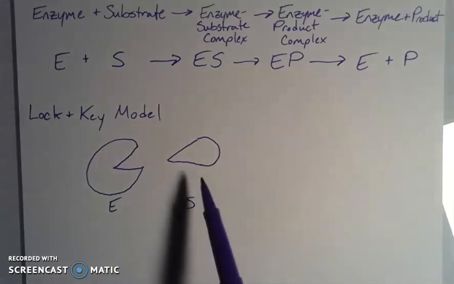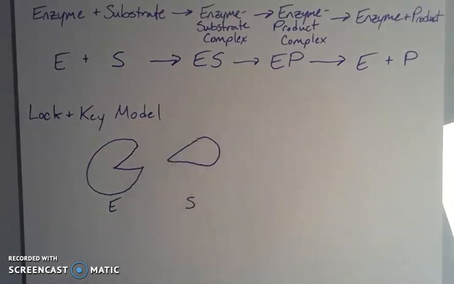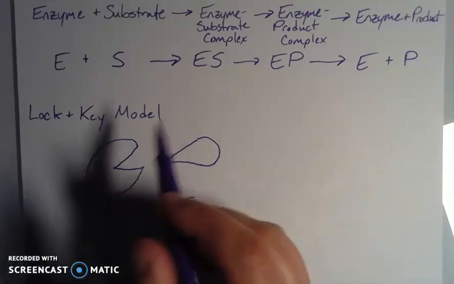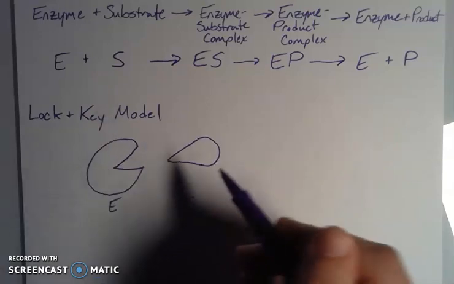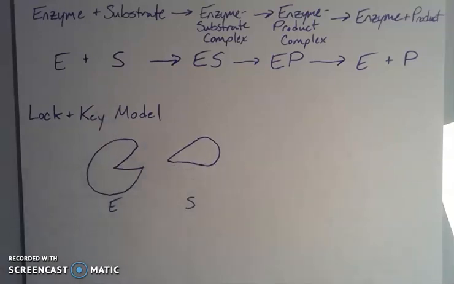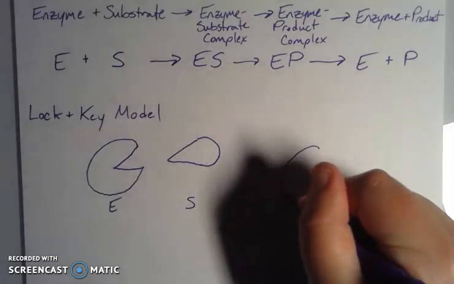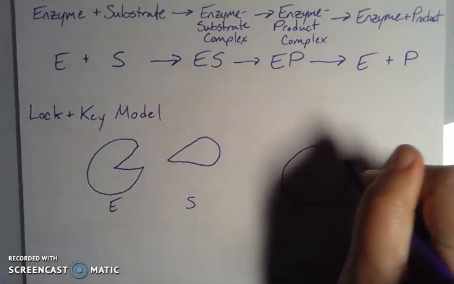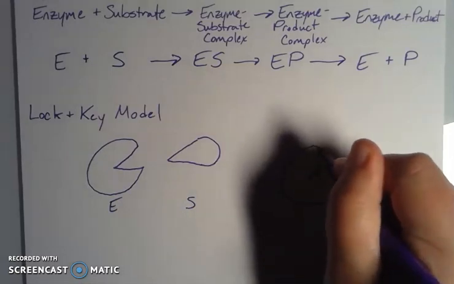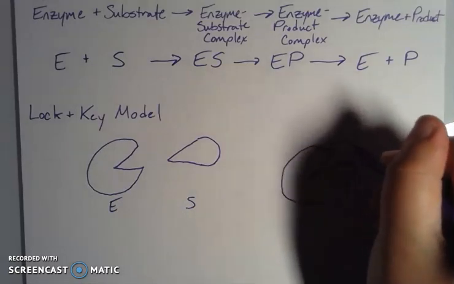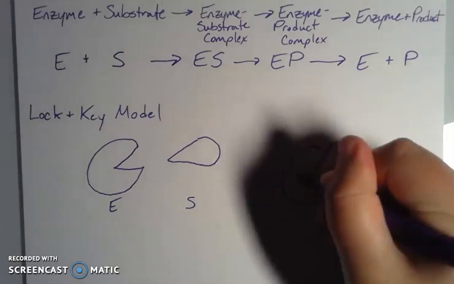So this substrate has to have the right shape. Remember, in biochemistry, the name of the game is that the structure influences the function. So there has to be a perfect fit between the lock part and the key part, my enzyme and substrate. And so when I put them together, here's my enzyme, and then I have my ice cream cone in there. So here's my substrate, my enzyme.